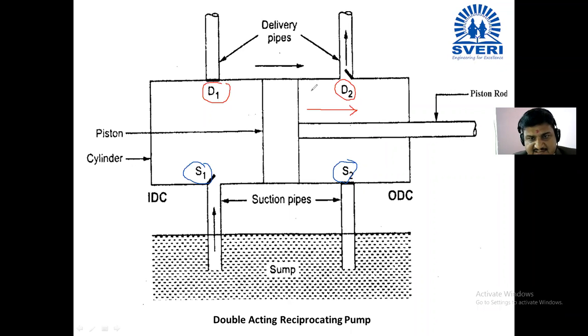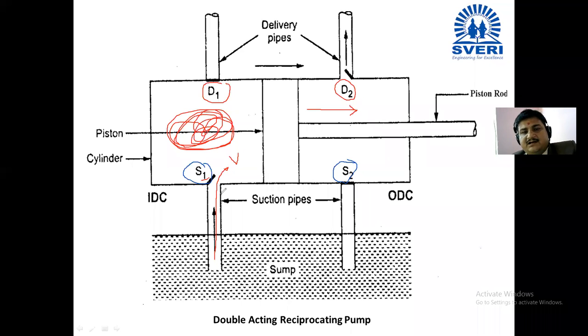When the piston is moving from left to right, due to the vacuum created on the left hand side, suction valve number 1, that is S1, is going to open, and water will be drawn into this side of our cylinder.